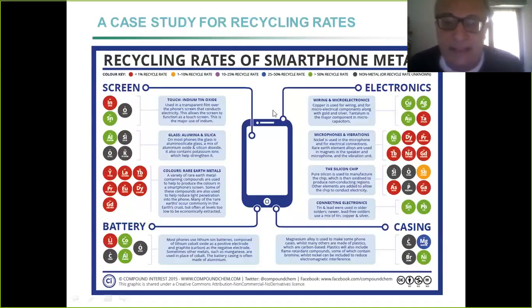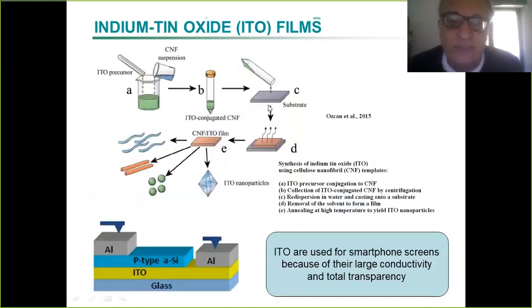Having said that, let's try to concentrate a little bit more on some parts of it. For example, indium tin oxide, it is used for smartphone screens, and they are conductive, which is not strange, and they are also transparent.